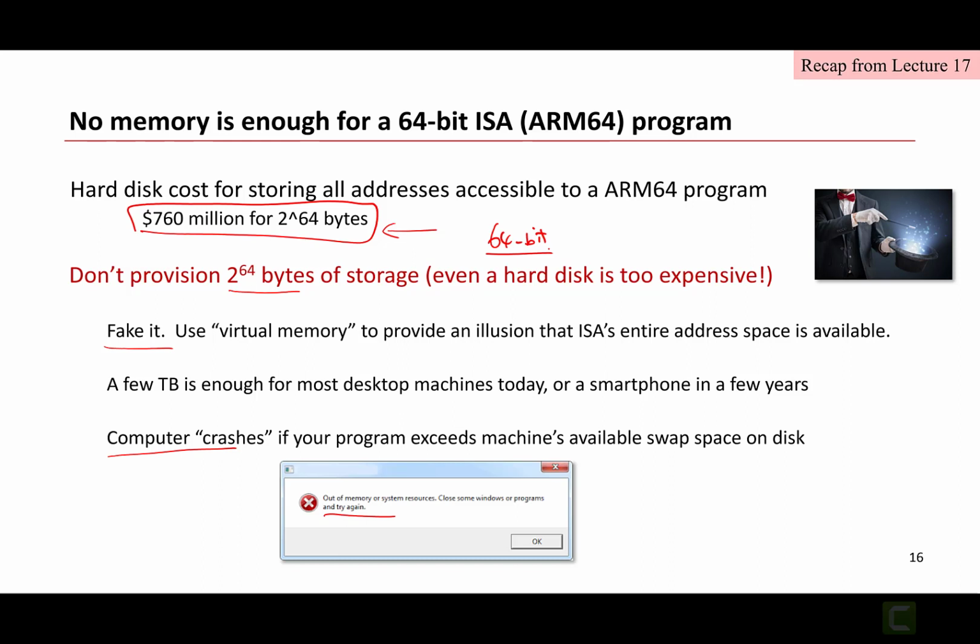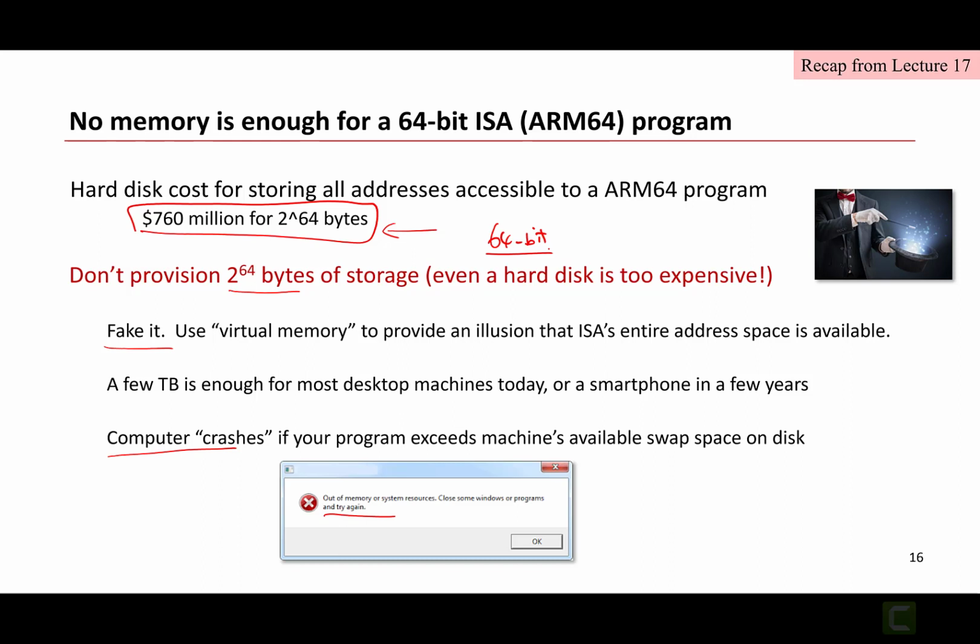So the takeaway message here is that even though the ISA guarantees so much space, modern systems don't really have that space, but it's still good to have this guarantee as part of the ISA, because it makes it future proof, meaning in the future, as your computing systems become more powerful and have more space, then you can start writing more sophisticated programs that consume more and more space.